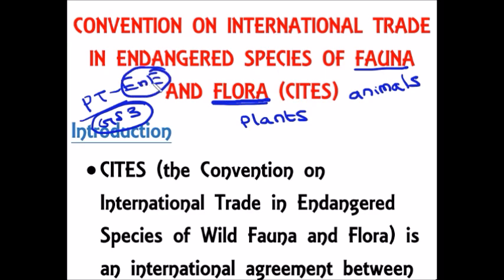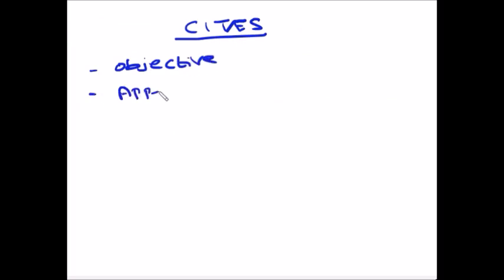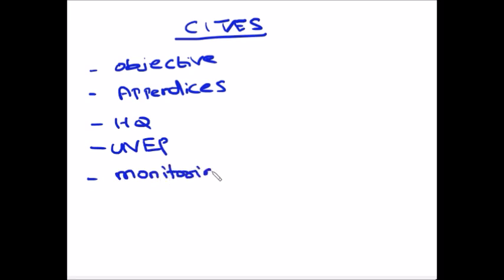This is important from prelims perspective. So prepare well on this topic. And what should you know in this topic? In the topic of CITES, you should know about its core objective and various appendices, and headquarters, and what is the link between the UNEP and CITES convention, and monitoring mechanism, and the implementation process and other important features.